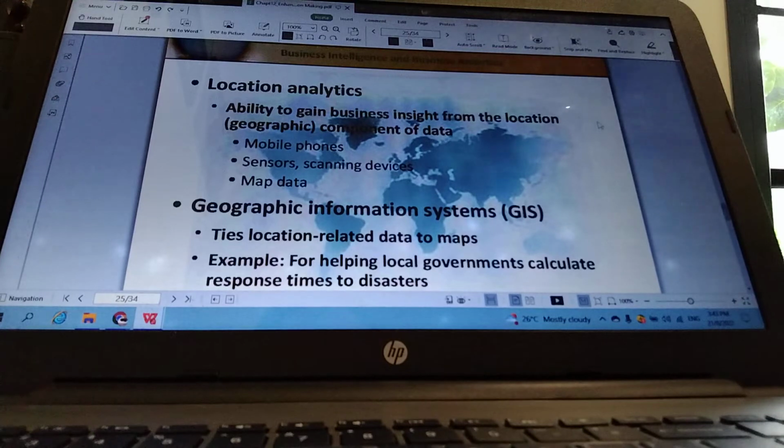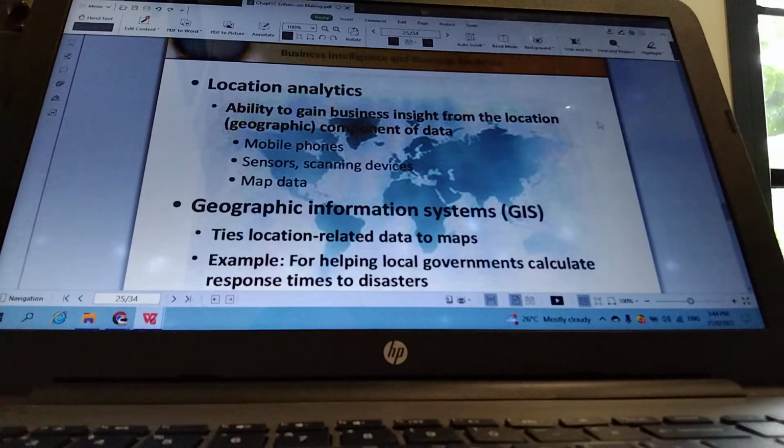One good example is our mobile phone, where the location is very critical data for many purposes, even for you to start your journey, to reach your destination, to calculate the time that will be taken, the cost that it involves, and so on.